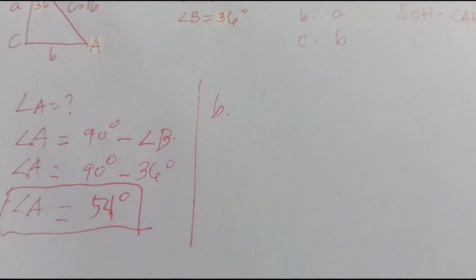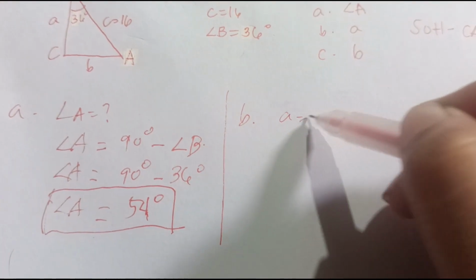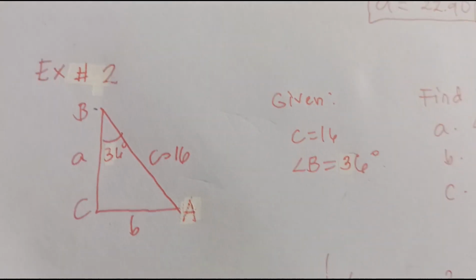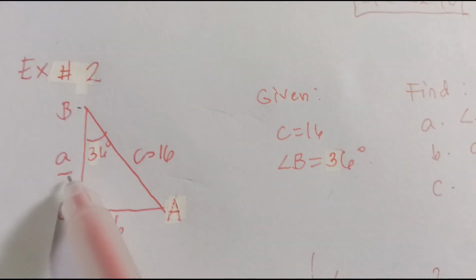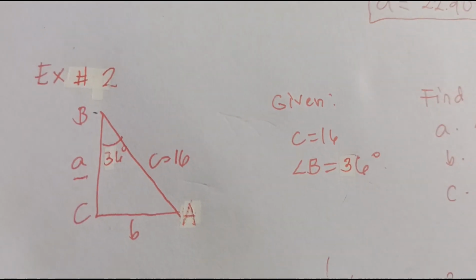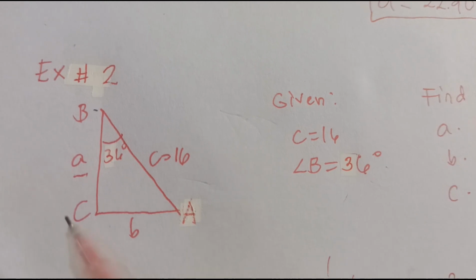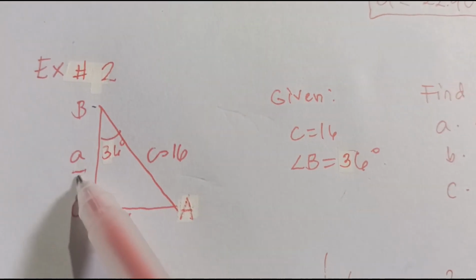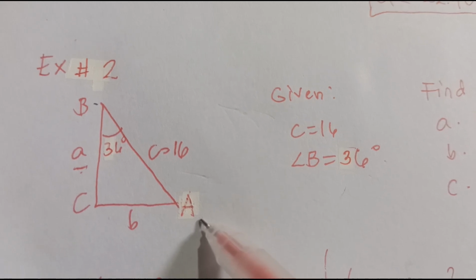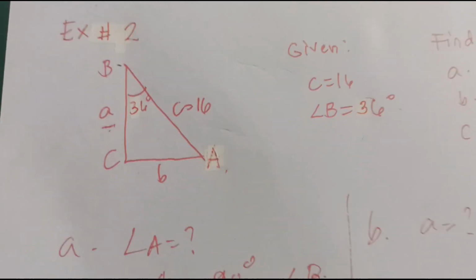Next, letter B. We're going to solve for side A. So, in this figure, where is our side A? It's here. And what do we relate A to? To the given angle and the hypotenuse. We cannot relate A to angle A because A is not originally given, although we already found A, which is 54 degrees.